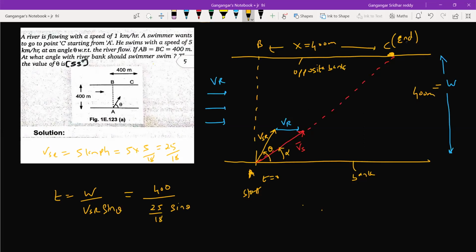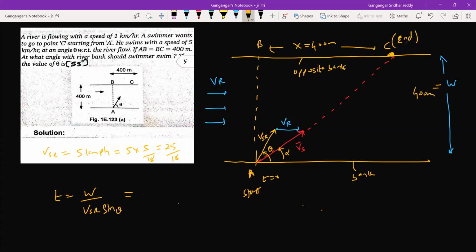We don't know this value. 400 by 25. 16. 18 into 16 will get it, no? Okay, I'll do one thing. In the end, I'll substitute here. Let it be this one.